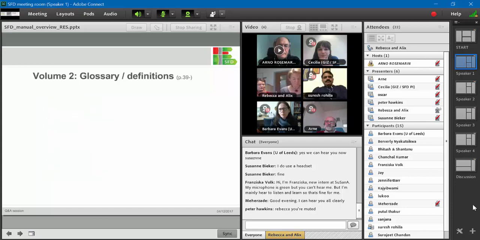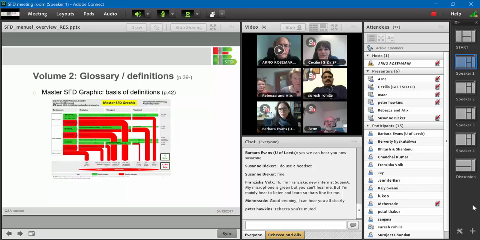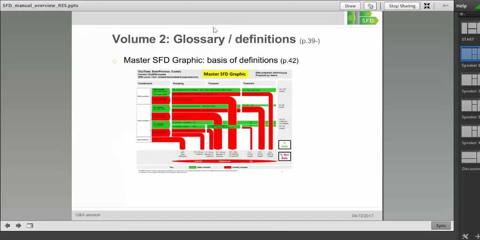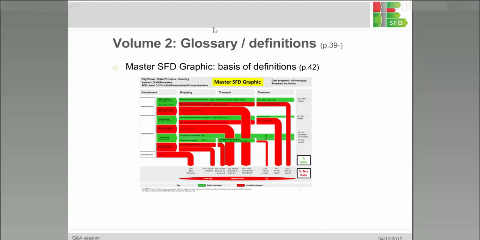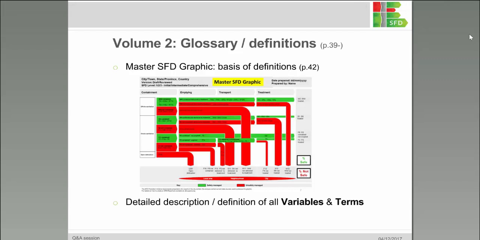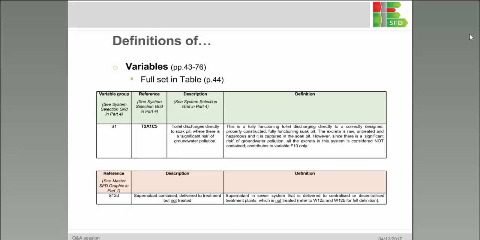The second volume in the manual is where, as I mentioned, it talks about definitions and terms, and it's all of the details that build up the master SFD graphic. There are a lot of terms and variables included in the process, so we've developed between us, and very much led by Leeds University, very comprehensive data sets and descriptions around all of these variables and terms.